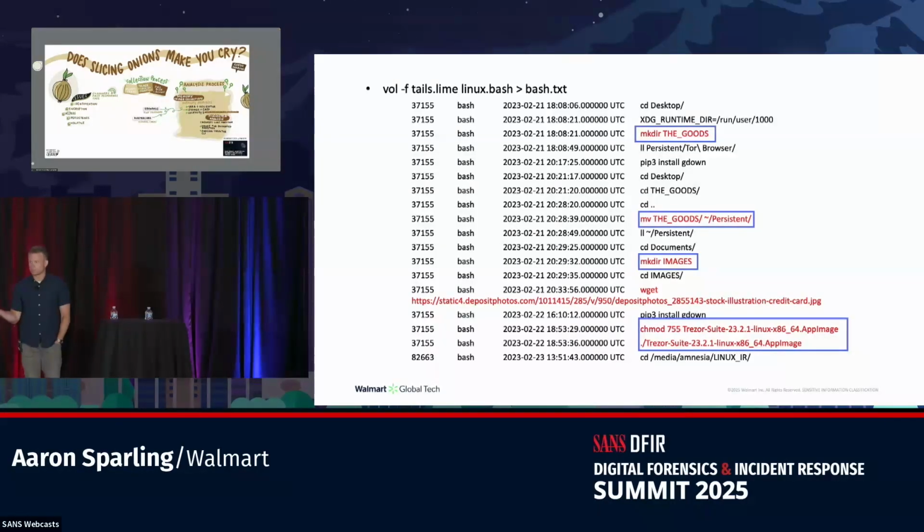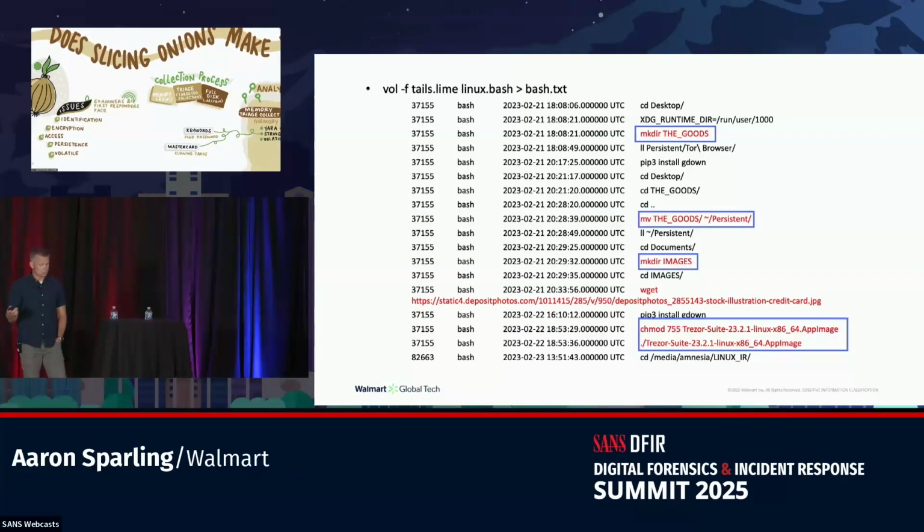Just like those of you that do IR work, if you're ever investigating a Linux or a Mac endpoint, the bash history is incredibly important. Here you can see some things I highlighted, like the user making a directory called the goods. They're moving the goods to the persistent directory, or that persistent drive that I said was stood up in the beginning.